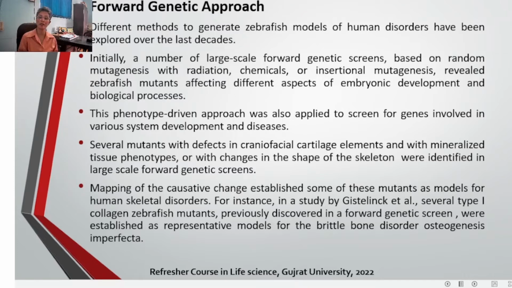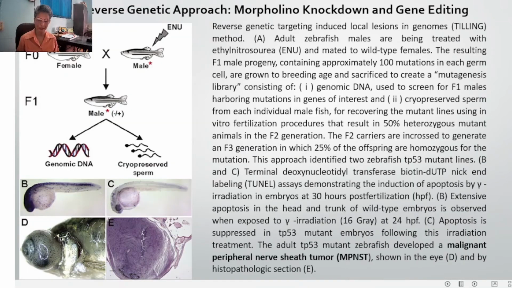The phenotype-driven approach was also applied to screen for genes involved in various system development diseases. Mapping of causative changes established some of these mutants as models for human skeletal disorders. For instance, in a study by Gistelinck et al., several type 1 collagen zebrafish mutants previously discovered in the forward genetic screen were established as representative models for the brittle bone disorder osteogenesis imperfecta.